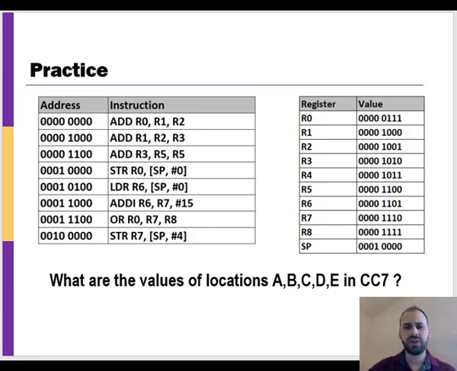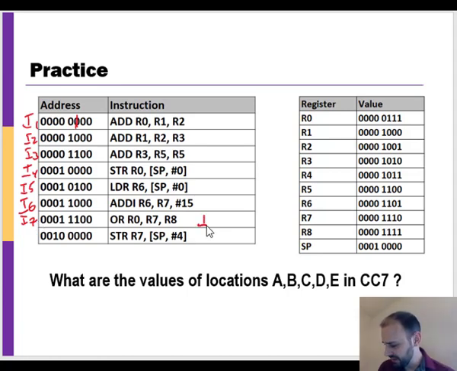Let's go ahead and do that. We've got our instruction 1, 2, 3, 4, 5, 6, and 7. We know that at clock cycle 7, instruction 7 is just starting. It's in stage 1, instruction fetch.